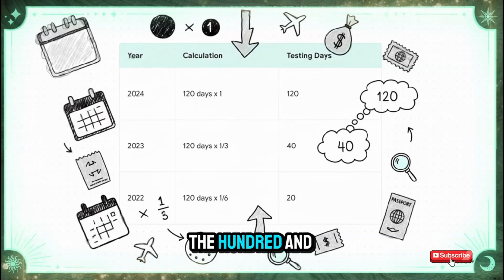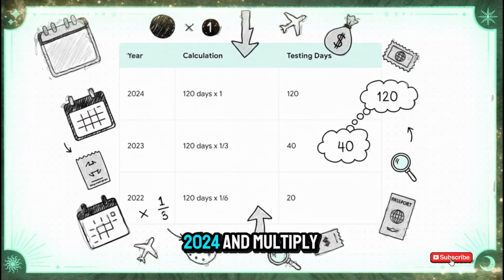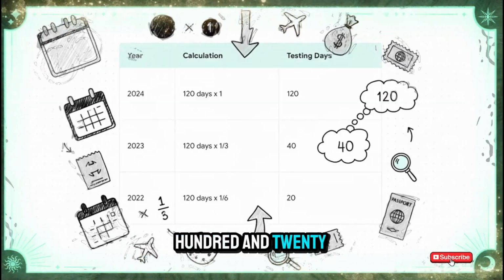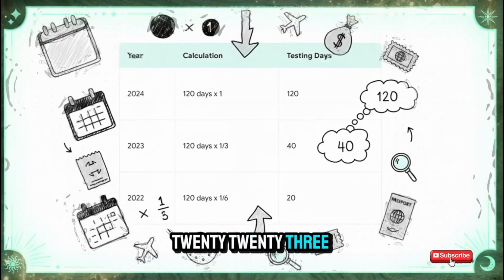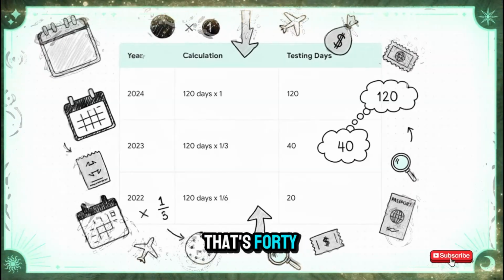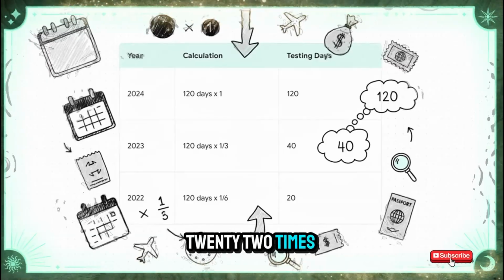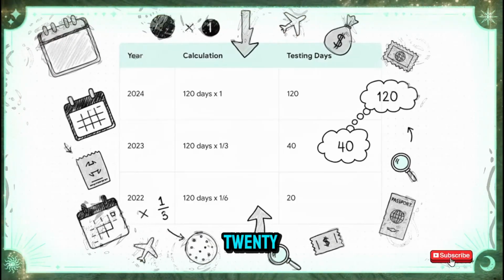So, we take the 120 days from this year, 2024, and multiply by 1. That gives us 120. Then we take the 120 days from last year, 2023, times 1/3, that's 40. And finally, the 120 days from 2022 times 1/6, which gives us 20.